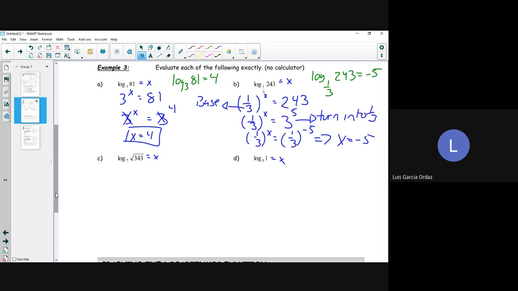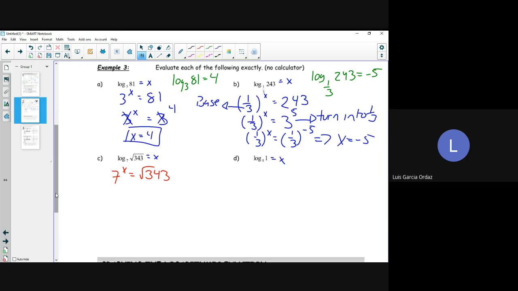So how would we write example C in exponential form? Seven to the x is equal to root 343.